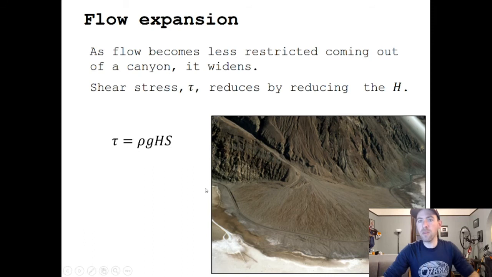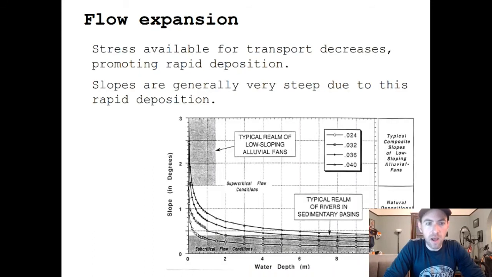Okay, and so what that results in is, as that stress that is available for transport decreases, there's a rapid deposition of sediment, right? So the lower the shear stress, the less sediment the fan or the river system can carry, or the channel can carry.